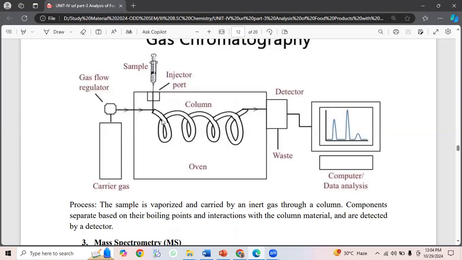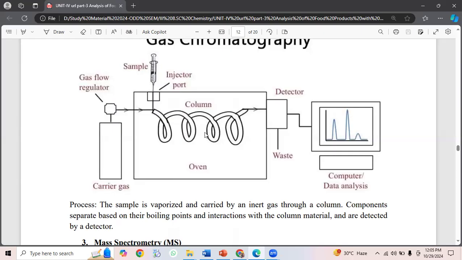After that, the sample flows into a long, narrow column, often coiled and housed within an oven. The column is coated with a stationary phase, usually a liquid or polymer on a solid support. As the sample passes through the column, components in the sample interact differently with the stationary phase based on their chemical properties, causing them to separate as they travel through the column.